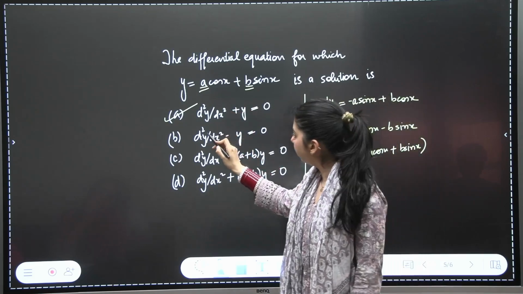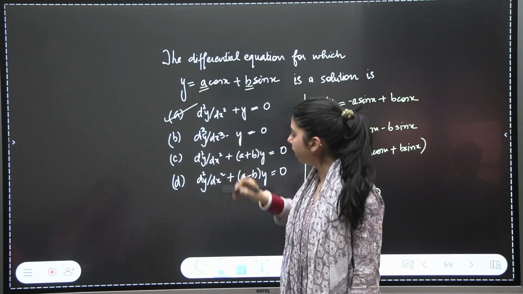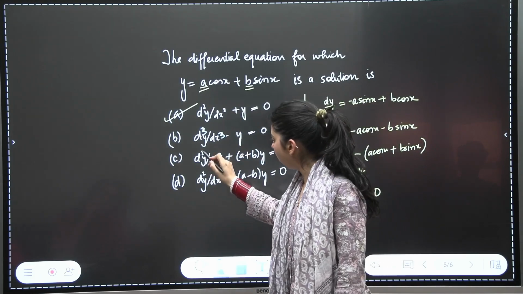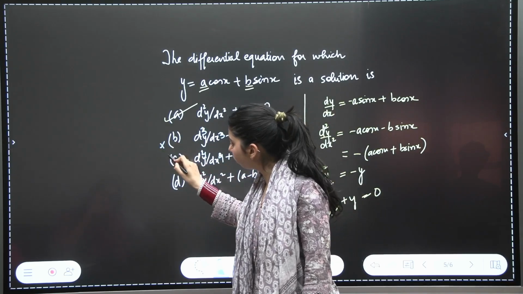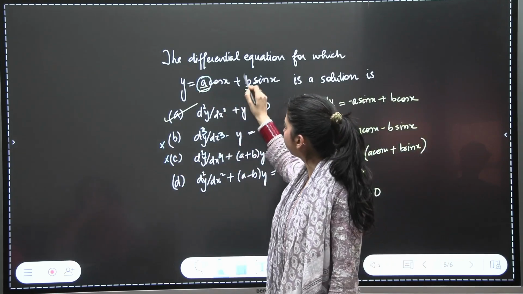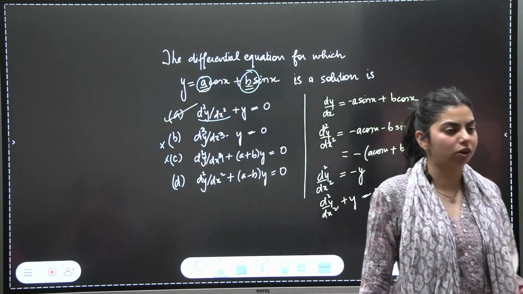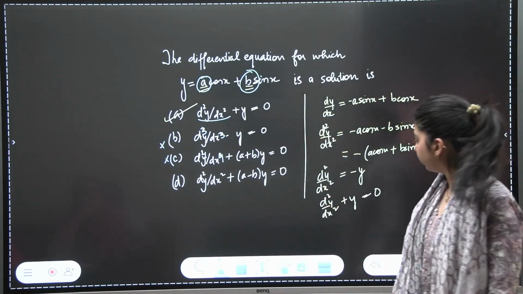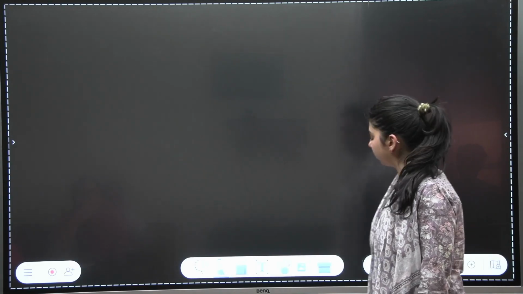If any of the options has d cube y upon dx cube or d raised to power 4 y upon dx4, these clearly would not represent your differential equation because you had only two arbitrary constants, so your maximum derivative is the second order derivative, right? That is the basic idea of a differential equation representing a family of curves.